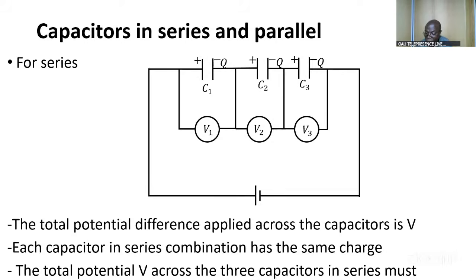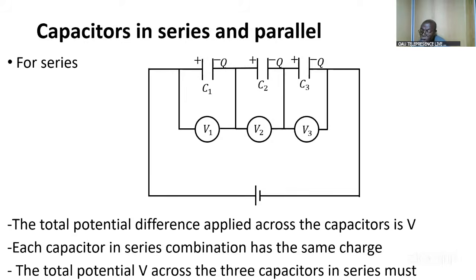Since they are in series, Q1 is equal to Q2 is equal to Q3 and is equal to Q. You get your C to be equal to 1.5 microfarad.